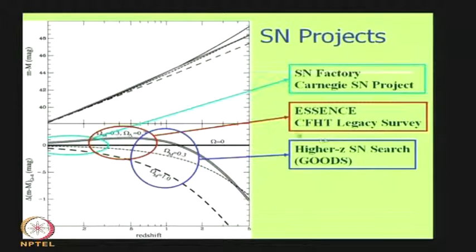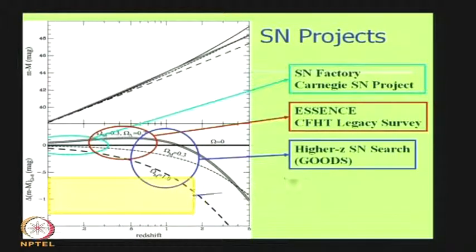Then there is another project called Essence, which is using the Canada Hawaii French telescope legacy survey, and this is targeting a redshift range over here. And then there is the high redshift search using the GOODS survey, which is targeting this redshift range.